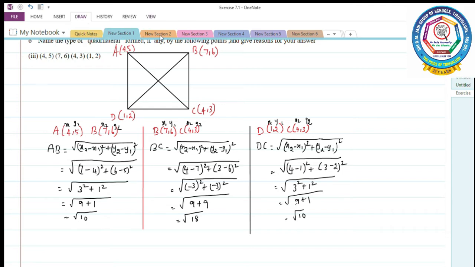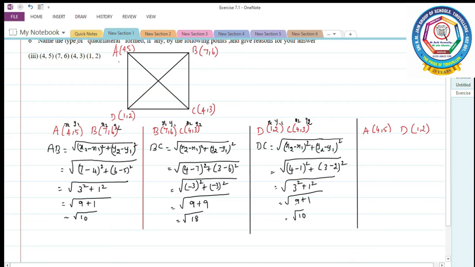Next I have to find the distance between AD. So what is the A coordinate given here? A of (4, 5) and D of (1, 2). So the distance formula: this is x1, y1, x2, y2.